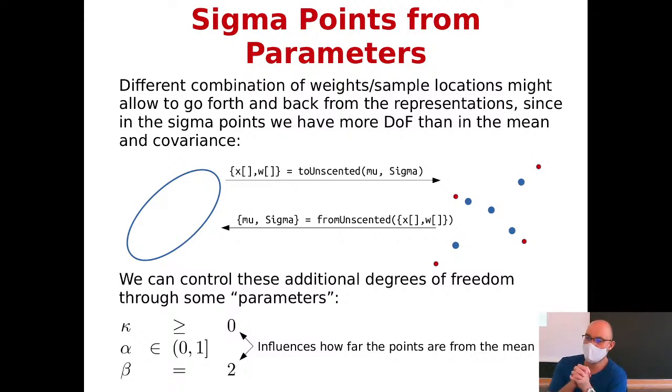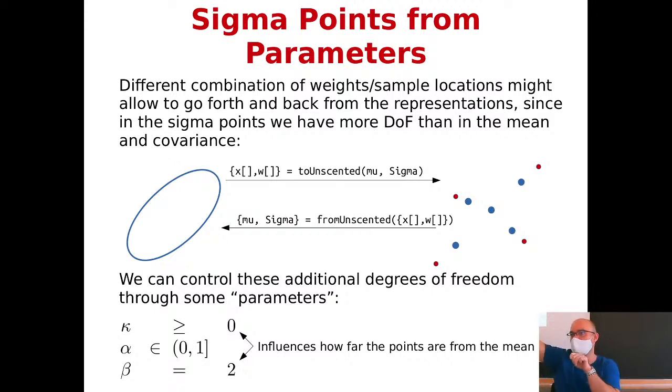Okay? Now, clearly the weights and the position of the sigma points are correlated, because if I change the weight, I will also have to change, and you already spotted it, the magnitude, the position of the point along the direction that I choose for sampling from the mean.